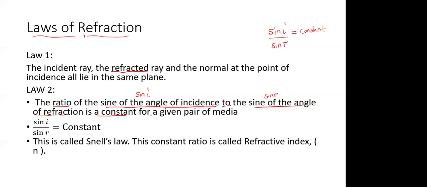In physics, when you discover something, it is named after your name. In case you are Daphne, they can say Daphne's law. In case you are Alvin, they say Alvin's law. Bashir, they say Bashir's law. It depends on who discovered it. So it's what we call Snell's law. And this constant, meaning something that does not change, is what we call the refractive index.